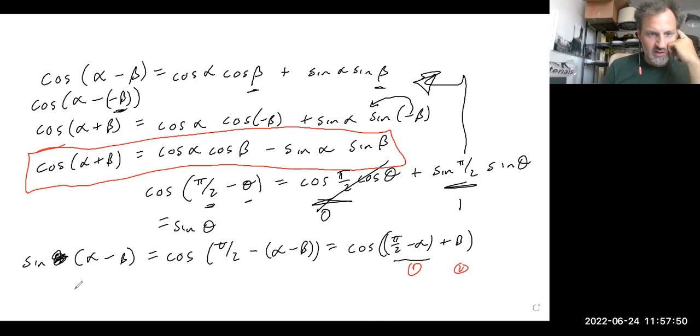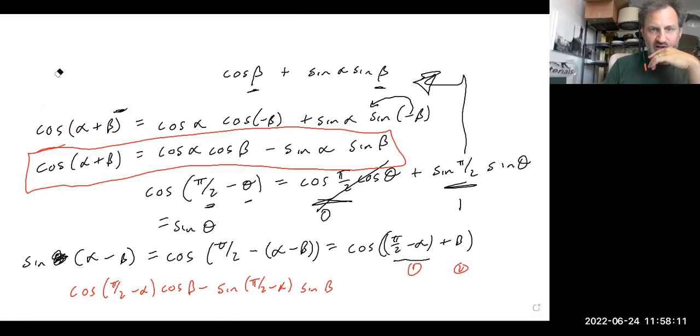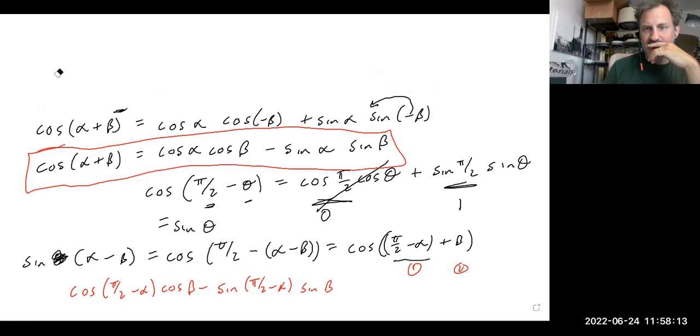So it'll be cosine pi halves minus alpha cosine beta minus sine pi halves minus alpha sine beta. And now we're going to make a switch. And I proved one of these, I didn't prove the other one, but it's the same concept.